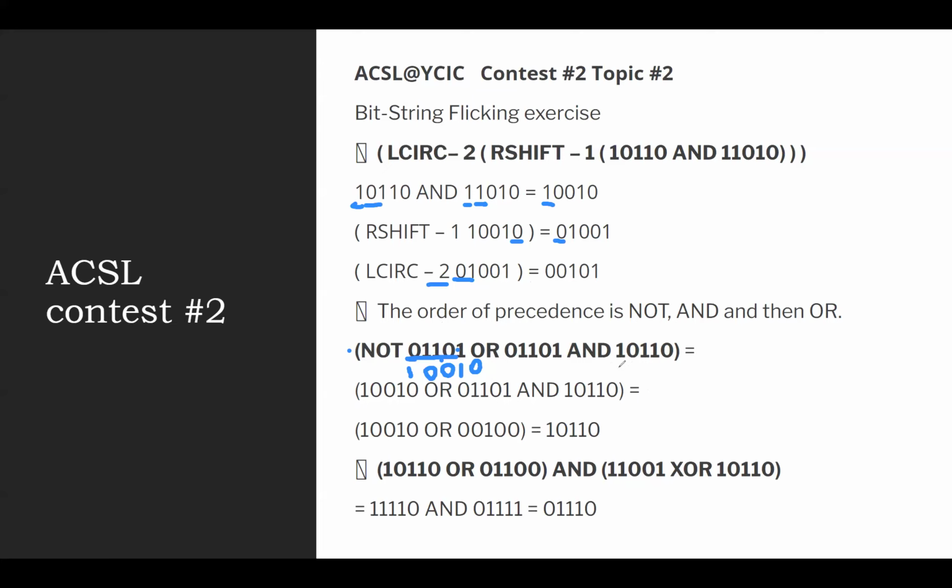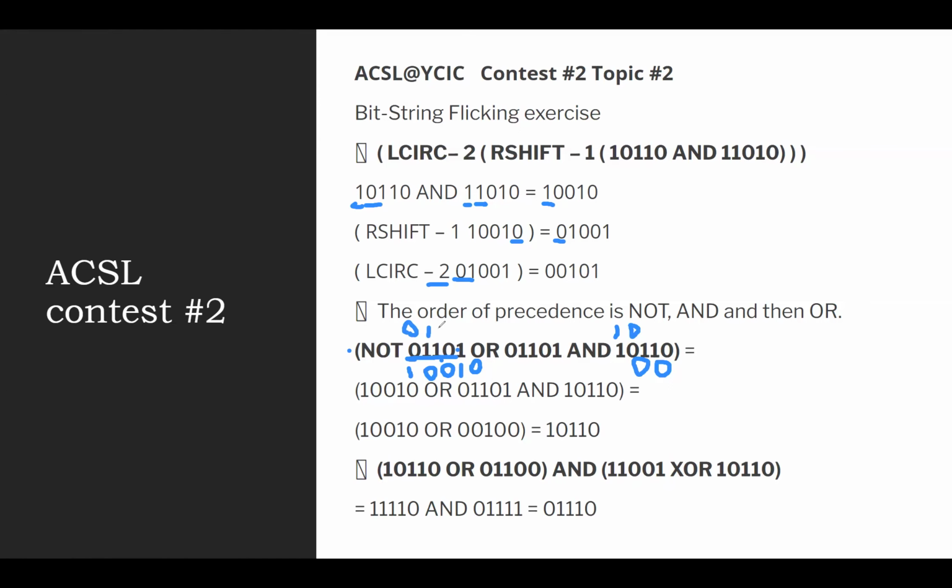Okay, so since the first one's 0 and this one's 1, then the output's 0 since they're not both 1. And then this one's 1, this one's 0, so it's 0 again because only one of them's 1.